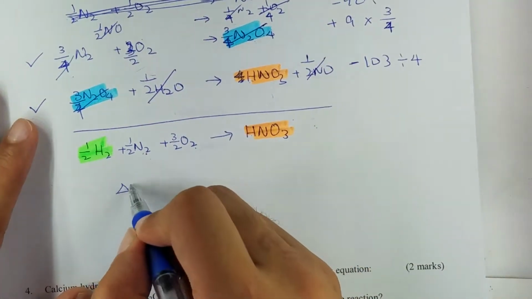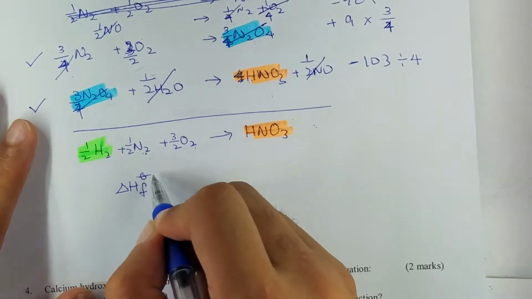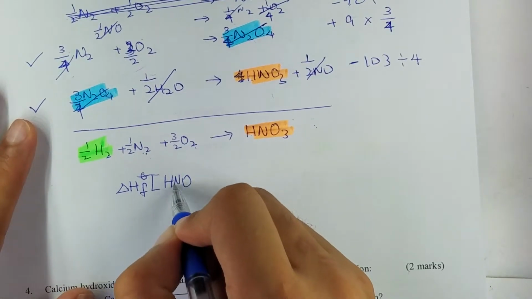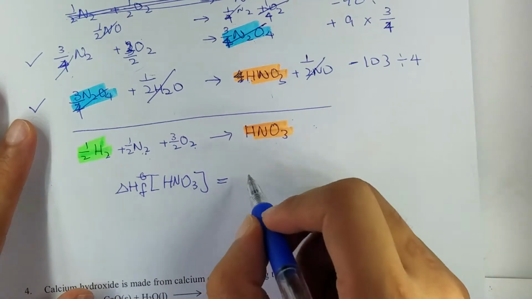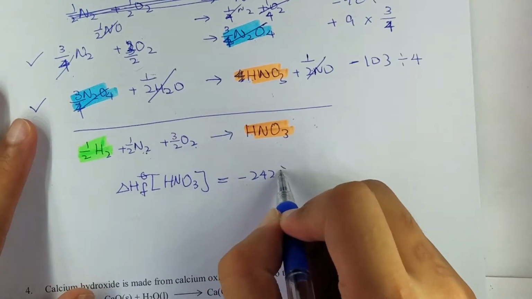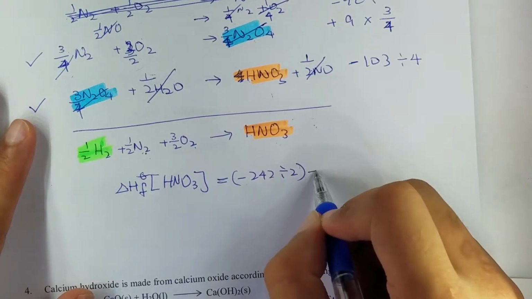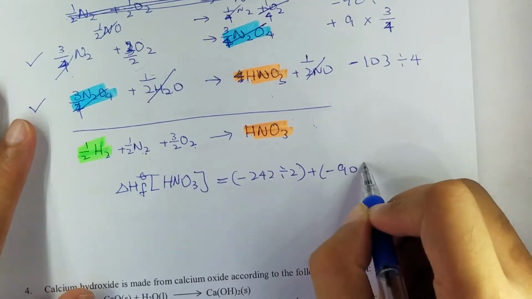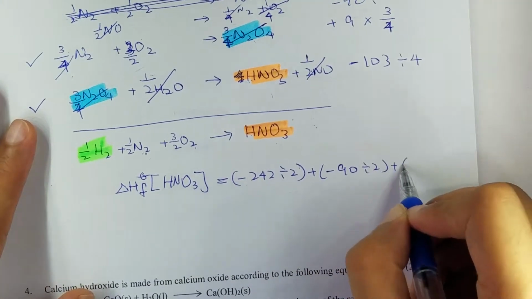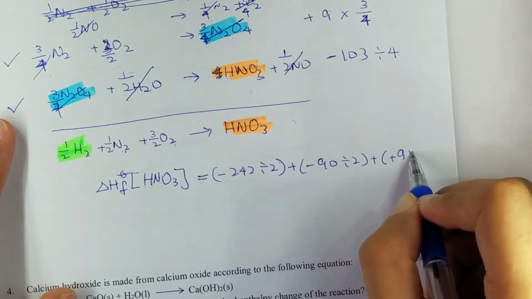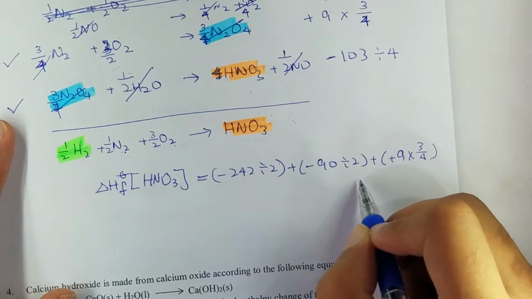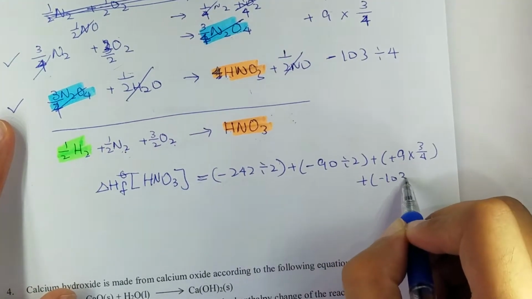Next, and then finally, we have enthalpy of formation of nitric acid equals to negative 242 divided by 2 plus negative 90 divided by 2 plus positive 9 times 3 over 4. Yeah, I know, the bell still rings in public holidays.